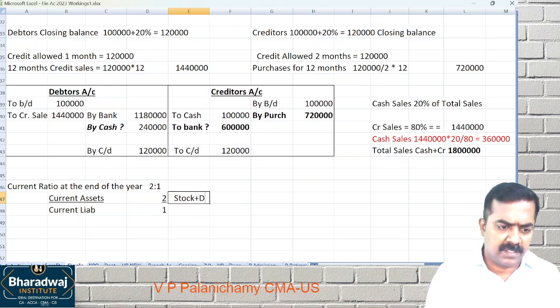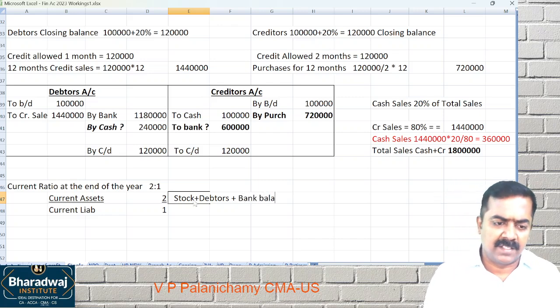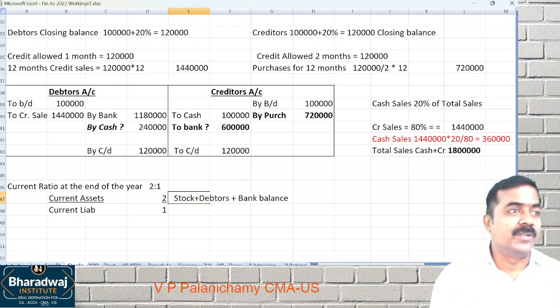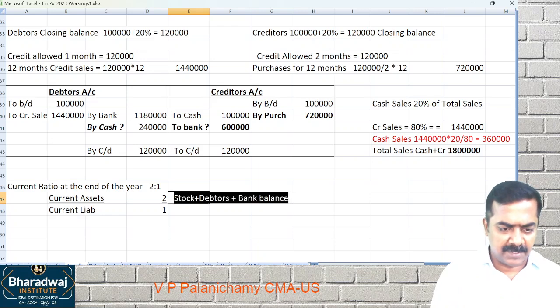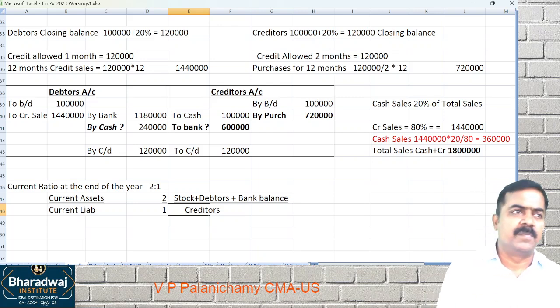Stock plus debtors plus bank balance தான் possible இந்த questionல. There is no prepaid expenses, no accrued incomes, no current investments. Divided by current liability, இந்த questionல creditors, outstanding expenses, bills payable இருக்கும். But in the question, creditors are possible.